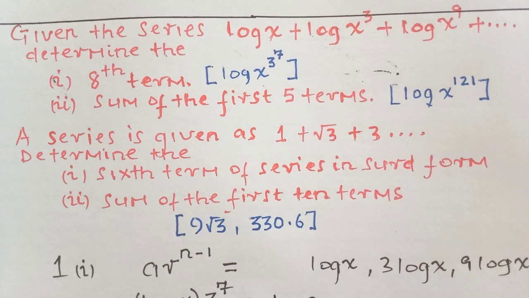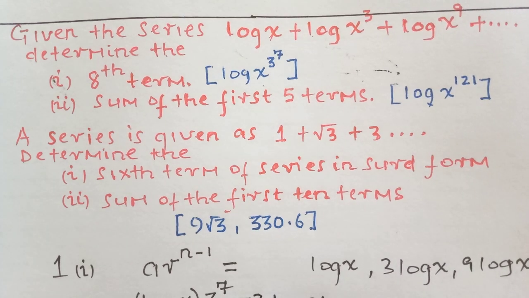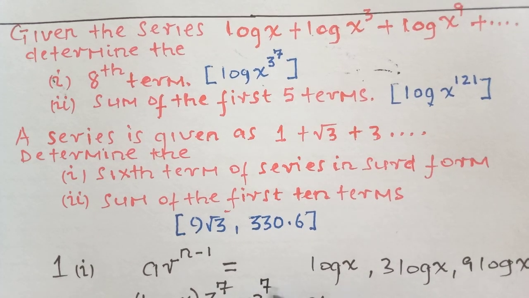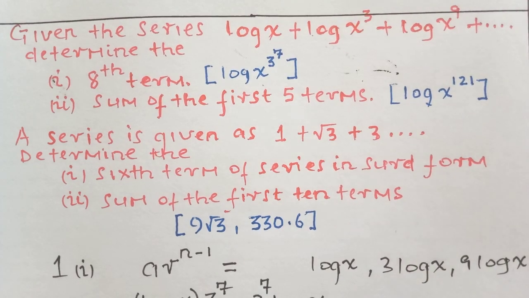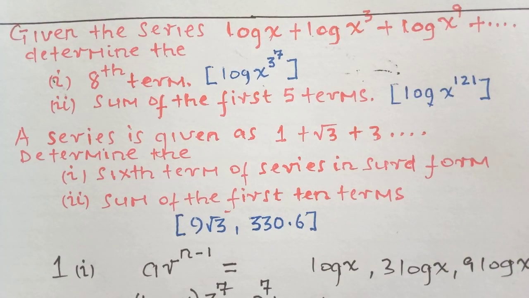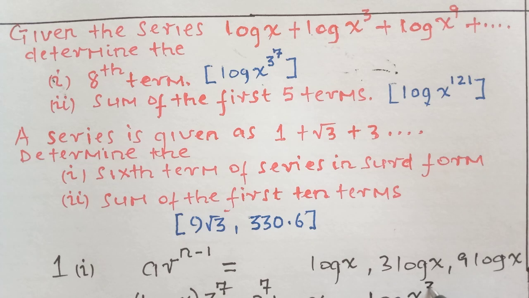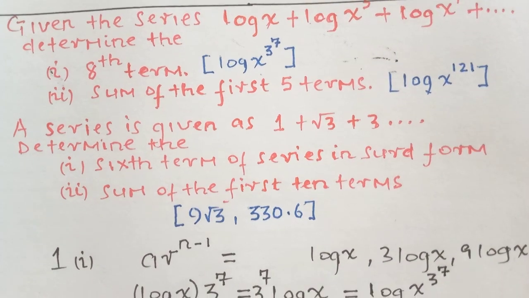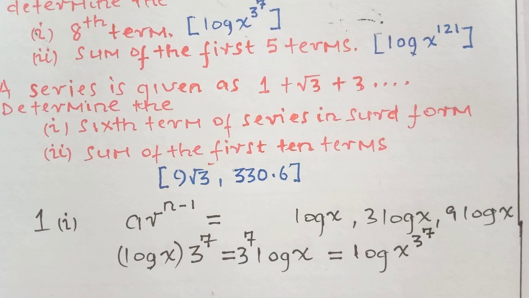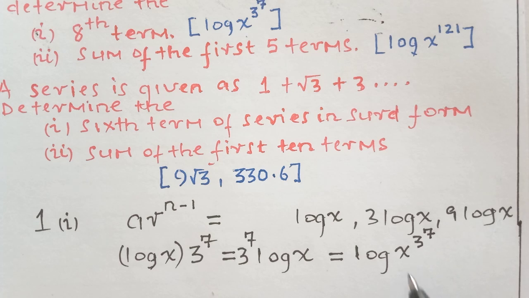Using the laws of indices of logarithm, this will be equal to log x raised to 3 raised to 7, like that. So that is how we do that problem. You can evaluate that, but even that is okay.